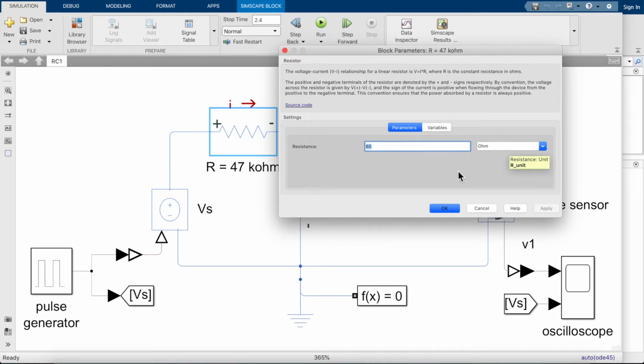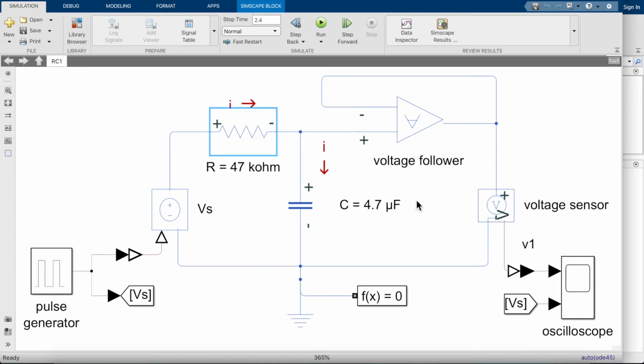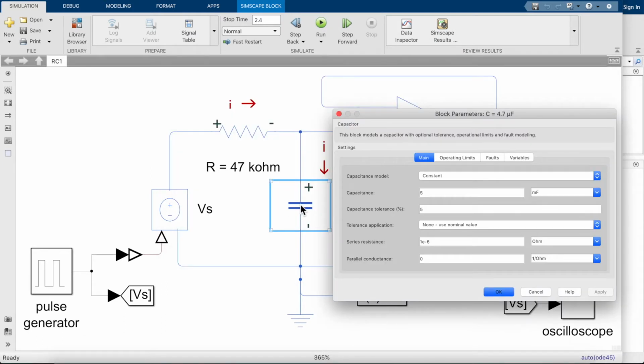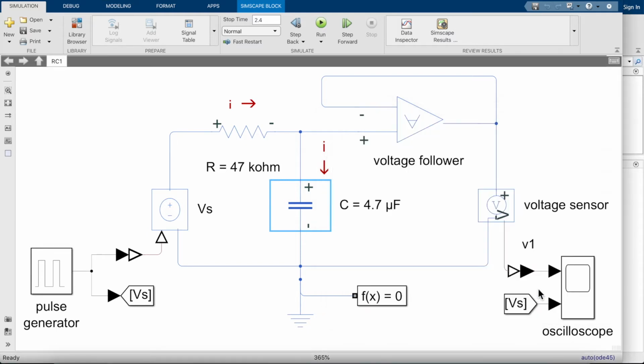Hit OK to store that. I won't do that, I'll keep it at its original value. For the capacitor, you double-click on that, and in the dialog box, change its capacitance to 4.7 microfarads, not millifarads, but microfarads. Hit OK to save that. And once again, I'm just going to stick with the original values.